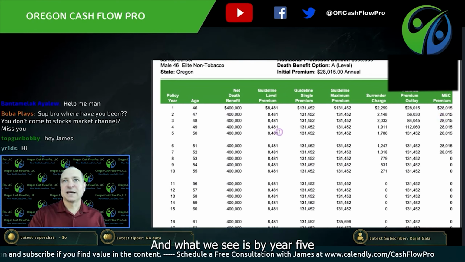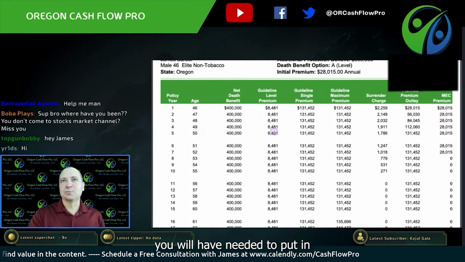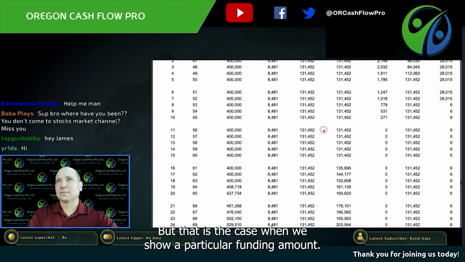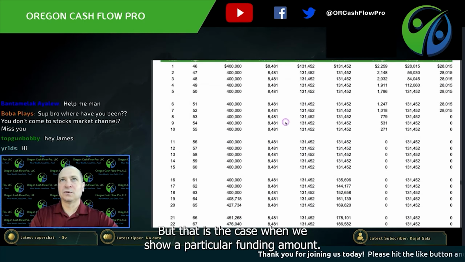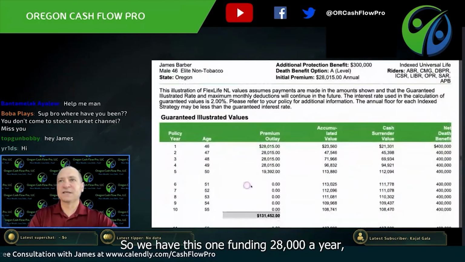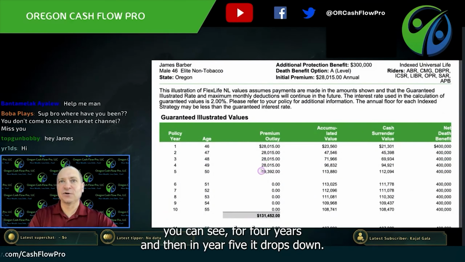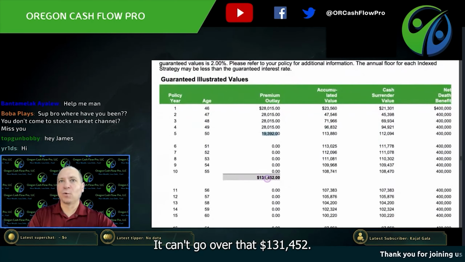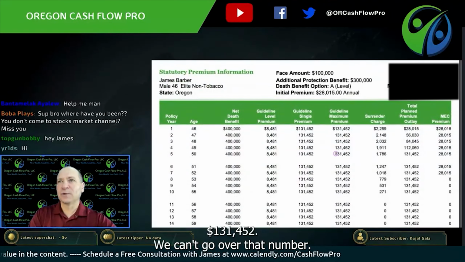And what we see is by year 5, you will have needed to put in less than this average. This doesn't show us that, but that is the case when we show a particular funding. So we have this one funding, 28,000 a year, you can see for 4 years, and then in year 5, it drops down. It can't go over that 131,452. We can't go over that number.